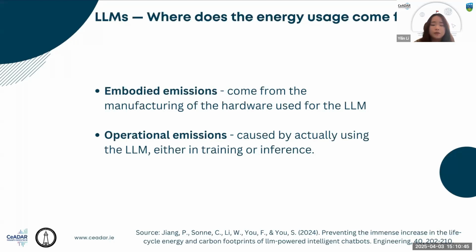This energy use creates carbon emissions, especially if the electricity comes from fossil fuels. There are also hidden emissions from things like storage, networking, and keeping the data center cooled. This is often overlooked, but still important.